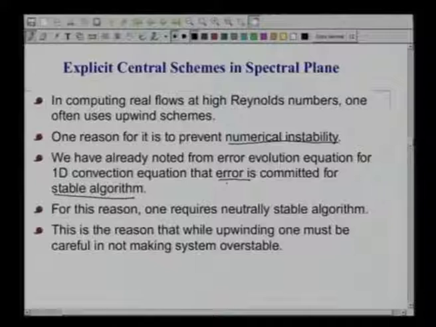So, we will have to worry about it, and that is why we have said very clearly that we need a numerically stable algorithm, right. And so, if taking an upwind scheme is an absolute must, we have to be rather careful in adding just the right amount of dissipation, which will take away those high wave number errors, while it should not tamper with the physical nature of the problem.